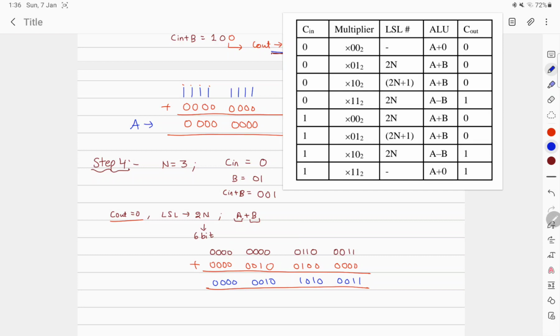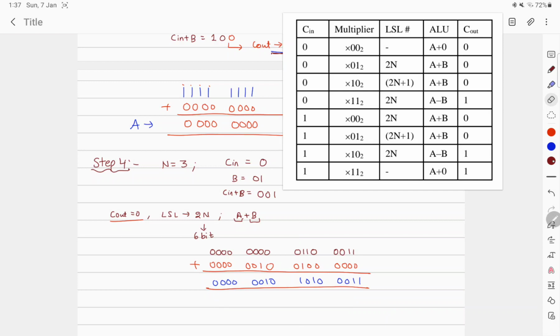Now you have to stop because you don't have any numbers to multiply. You have used all 4 steps to multiply 8 bits in 2 bit combinations. Also you have to stop when C out is 0 and multiplier is 0 0. For 0 0 0 you can check in the table, it is A plus 0 only. So even if you add plus 0, you will get the same answer. That means you can stop here.